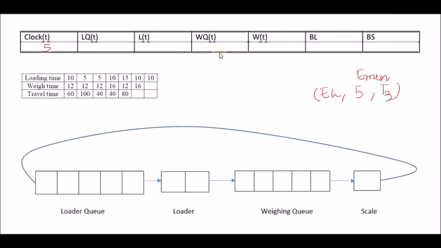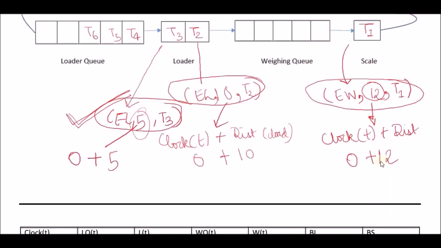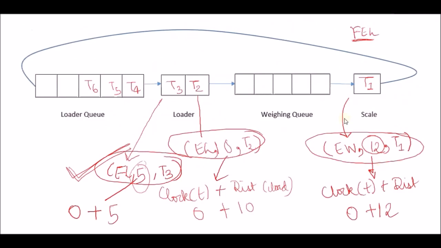It's going to move in the weighing queue. So, from here, it's going to move to the weighing queue. So let's write this as T3. Now, what was already there in the scale? There was already T1. So I'm going to let that be as it is. So if you can see for your convenience, T1 was here. This has just gone here.